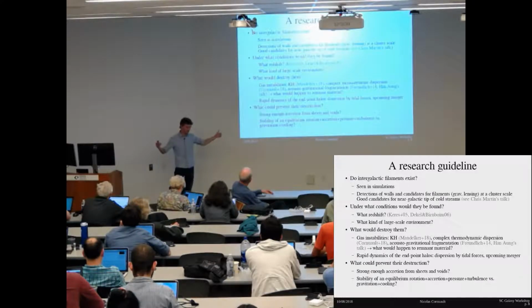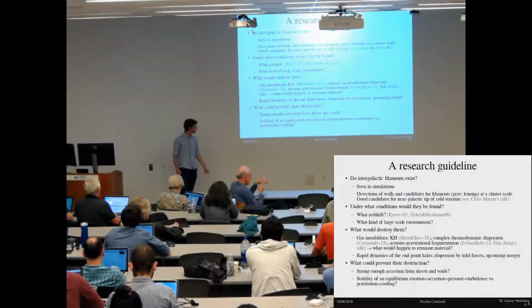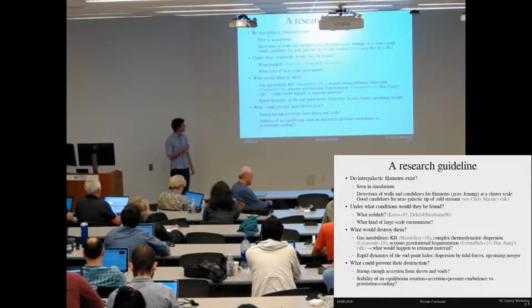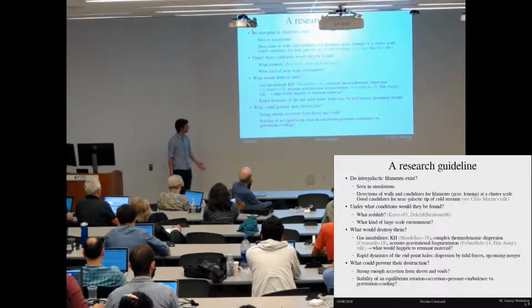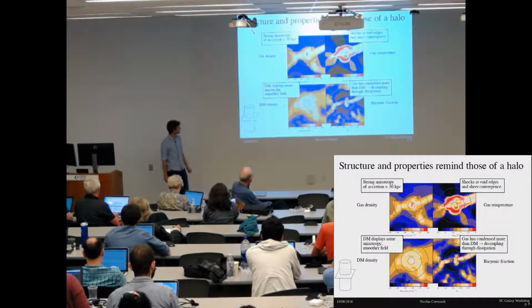For example, if the sheets connected to the filament are giving enough mass and enough pressure to survive some instabilities, it can prevent the destruction. Same if the intrinsic rotation of the filament helps, then we have to know about it. And we will see where it can come from, this vorticity.